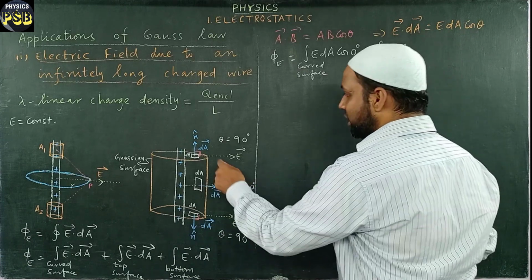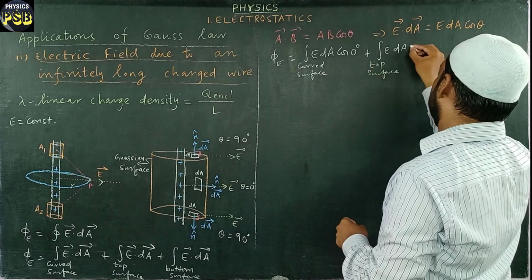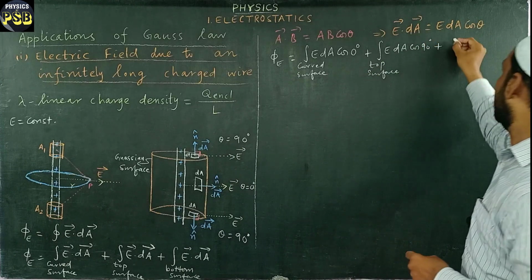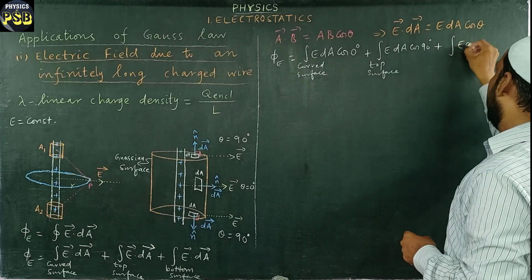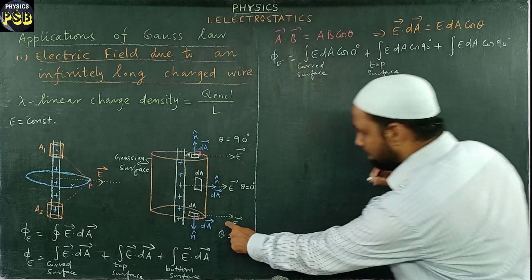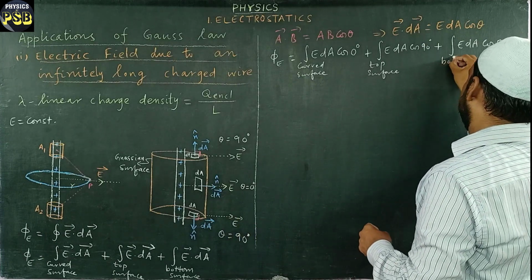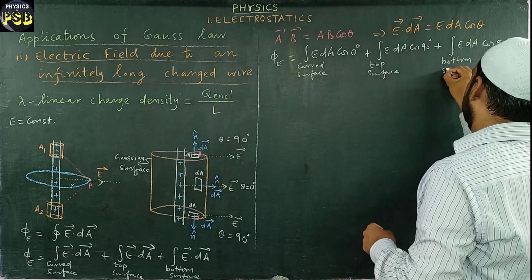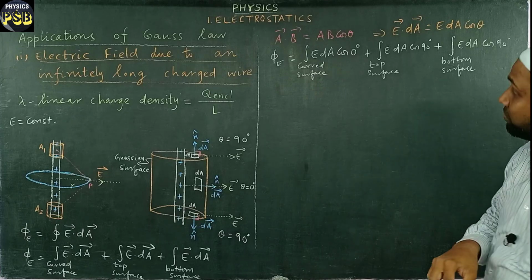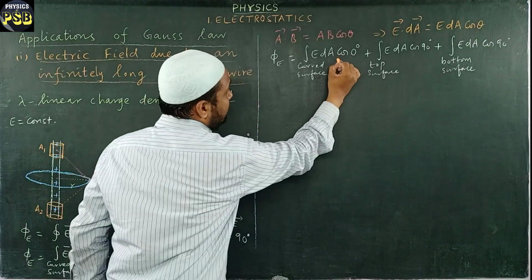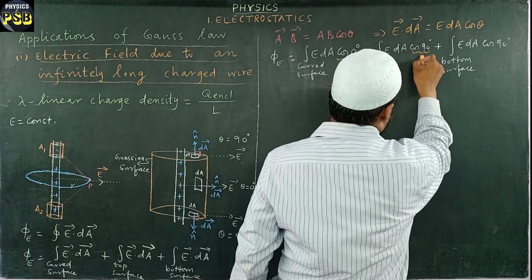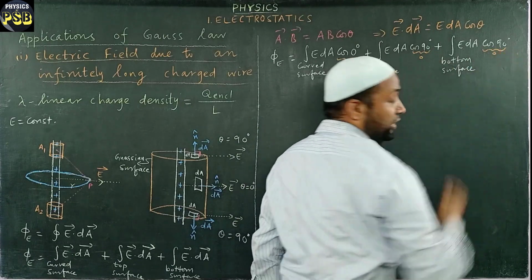For the top surface, the theta value is 90 degrees. So cos 90 degrees, plus the line integral of E dA cos 90 for the bottom surface. Now, we know very well cos of 0 is nothing but 1, whereas cos of 90 is 0.